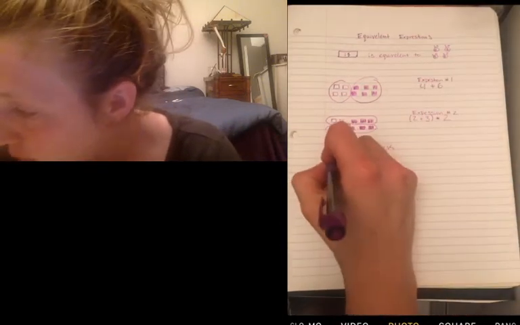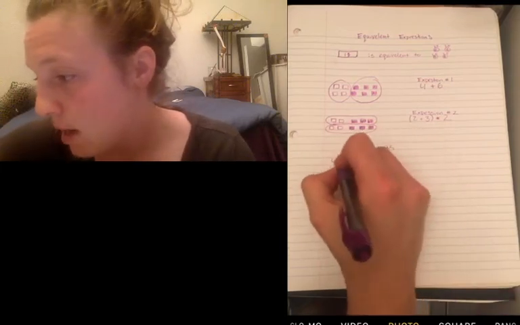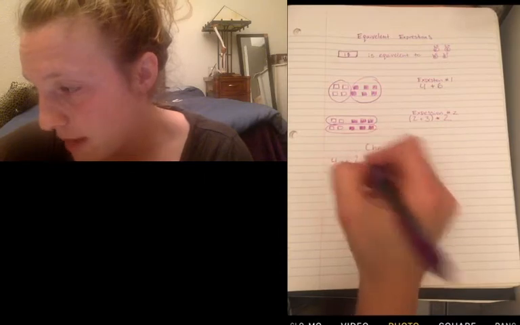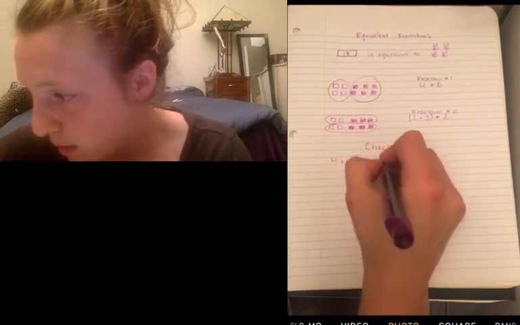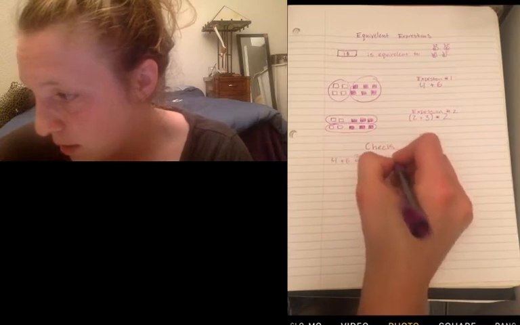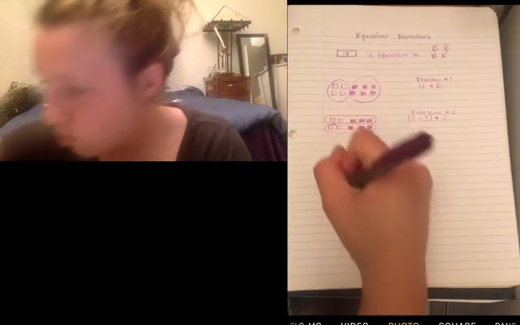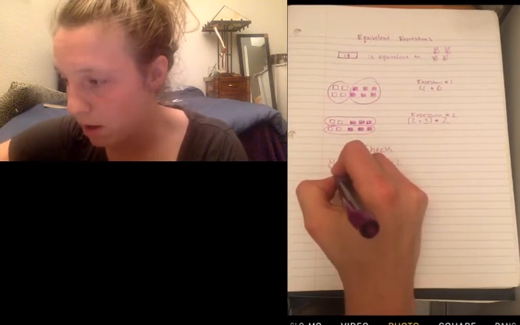So I'm going to look at this 4 plus 6. And I'm wondering, is that equivalent to, is that equal to, 2 plus 3 times 2? That's a question mark right there. And so I can go downwards. I'm going to do my addition problem here.